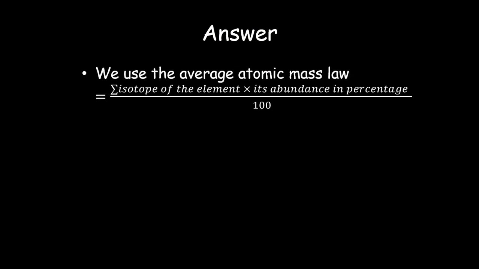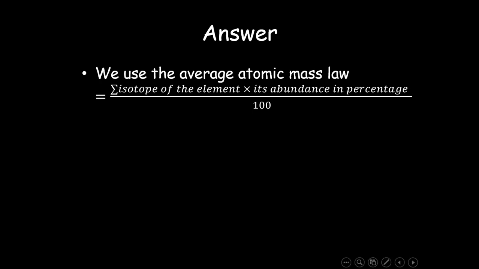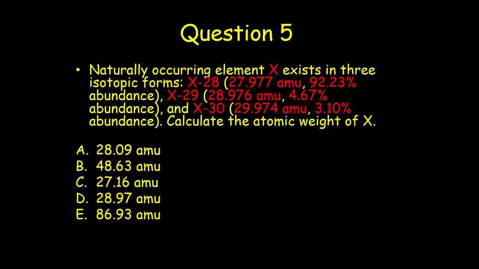Okay, the answer. We again use the average atomic mass law, but don't get mixed up with the many numbers that were given to you, because we saw that it gives us 28, then after that 27.977 and 29 and 28, 30, 29. Don't get mixed up in this problem.